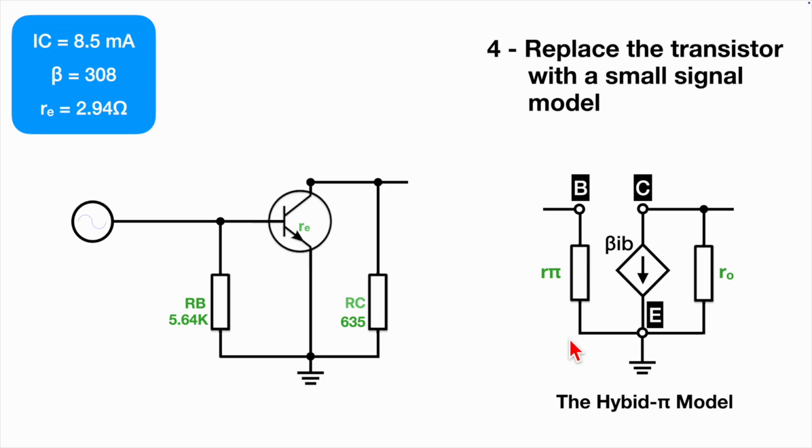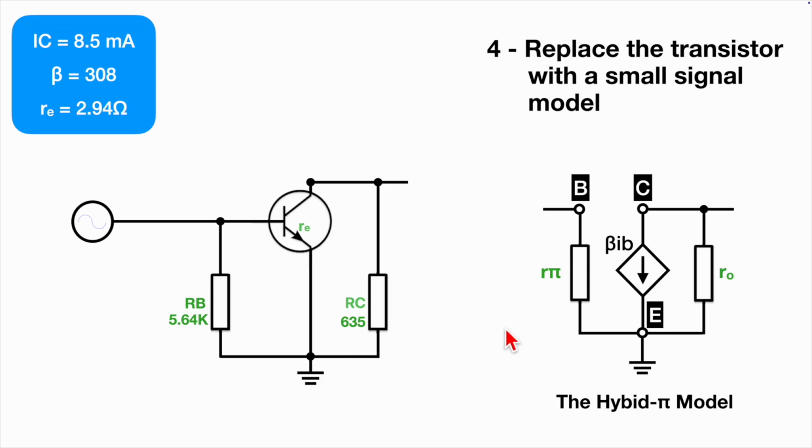And what this is an attempt to do, in order to help us to calculate the input and output impedance and the voltage gain, we need a more detailed model to help us to calculate the values of the things that the transistor is actually doing and some of the stuff that's going on within the transistor itself. And that's what this model seeks to do. It's a model, no models are perfect, but this is what we're going to use.